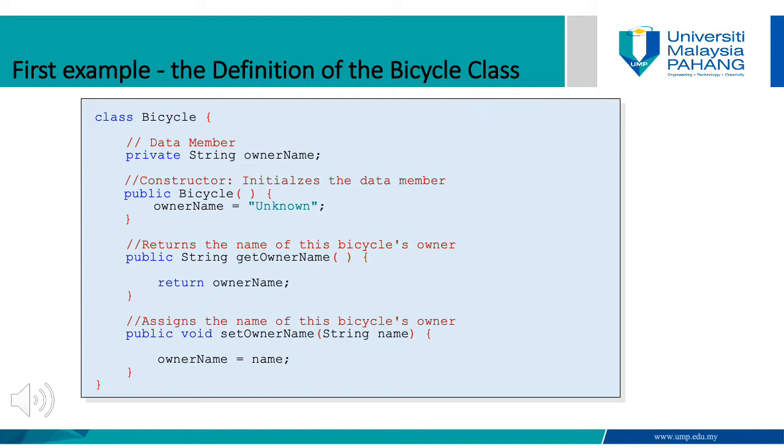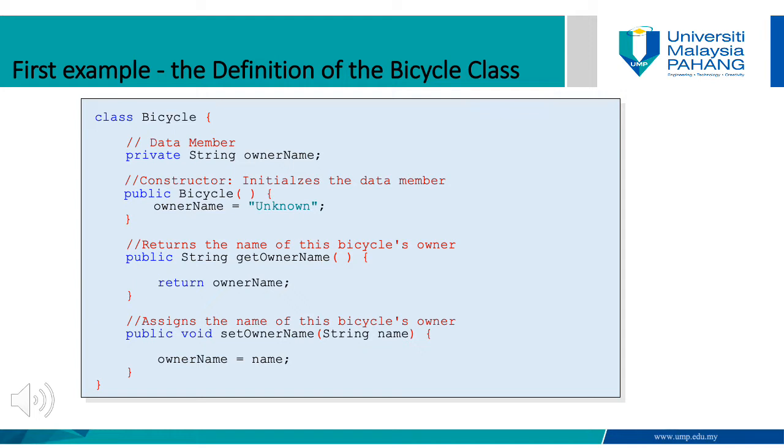Once we decide the data member, we decide the constructor that will initialize the data member. We use public Bicycle and ownerName equal to "Unknown" because it's the beginning, so we haven't inserted any owner name yet. After that, we return the name of this bicycle's owner with public String getOwnerName, return ownerName.